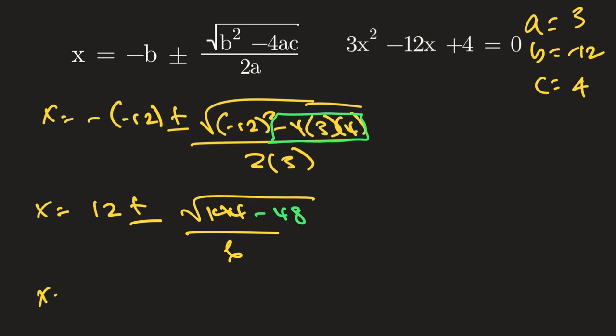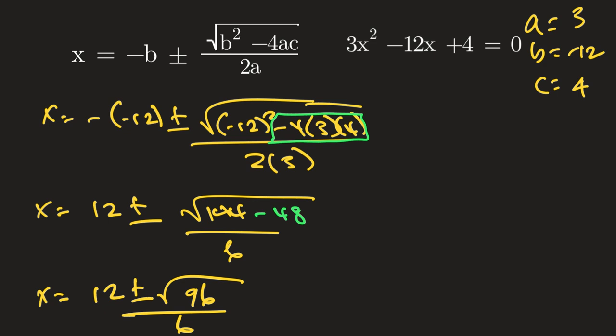All right? What is 144 minus 48? 96. Like I said, most mistakes happen underneath that radical. Be careful under that radical, but I think we've got a good number here.